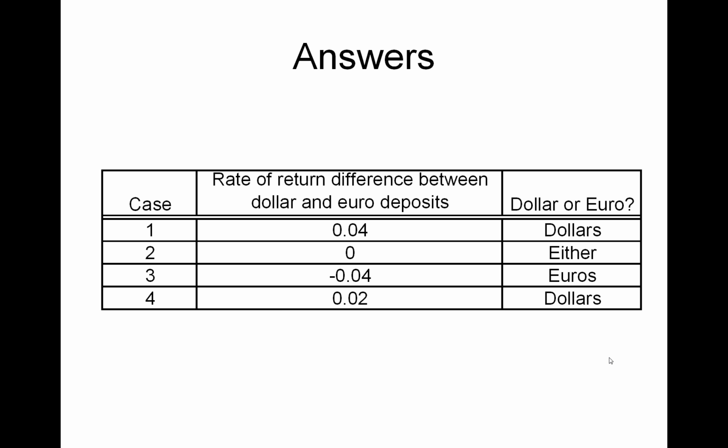In the third case, we found that we have a negative difference, it's minus 0.04, and since it's negative, this means that we should be buying euros. And in the final case, we found that the rate of return difference is 0.02, which means that we should be buying dollars.